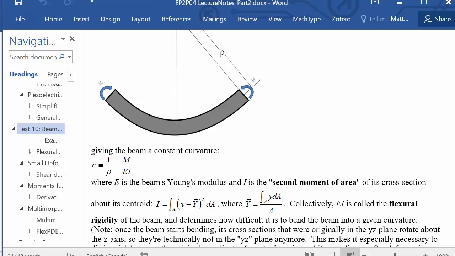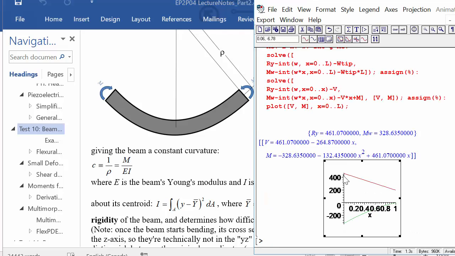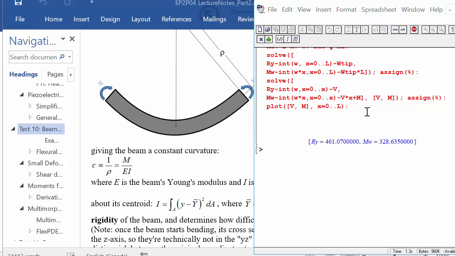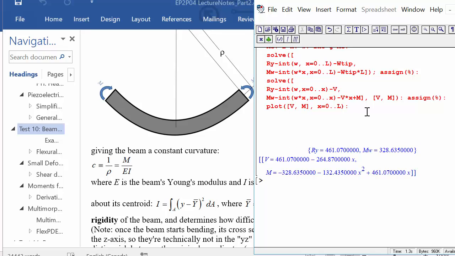Now we can calculate this for the rectangular beam. The rectangular beam that we have has a cross section which is located at the center by symmetry.